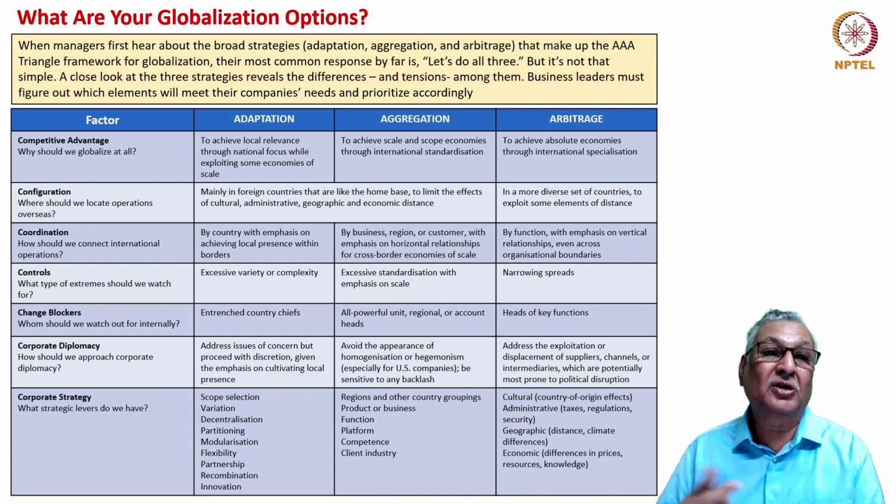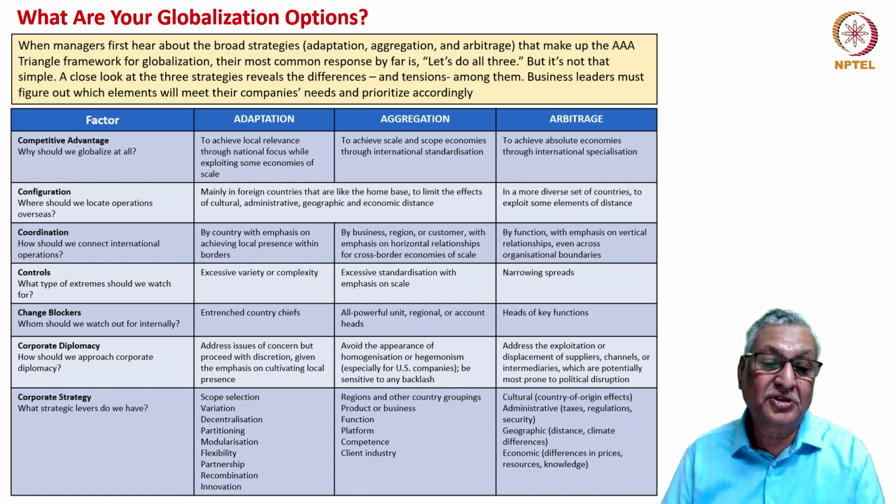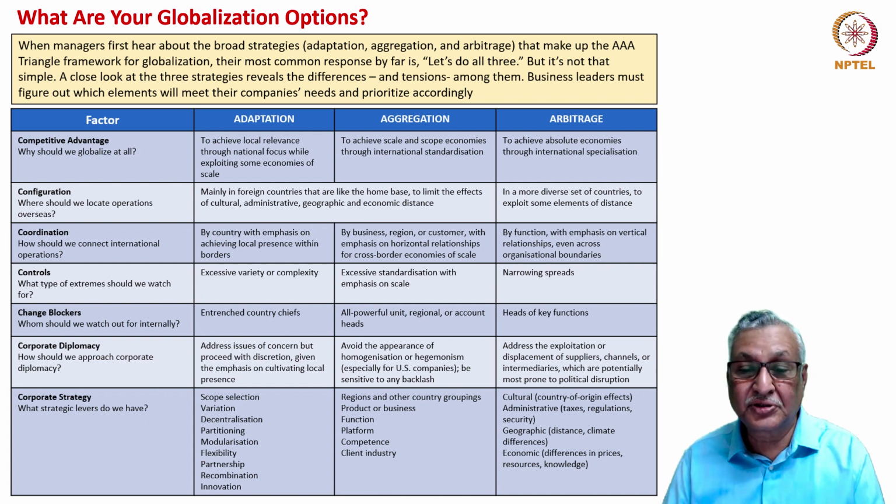Therefore, as part of implementing the AAA framework, we should also understand how the organization needs to be managed, how the leadership dynamics need to be managed. Corporate diplomacy is one of relating the company to the local environment and the local governments. They should be seen as good corporate citizens. In adaptation, we have to address the issues of concern but proceed with discretion, given the emphasis on cultivating local presence.